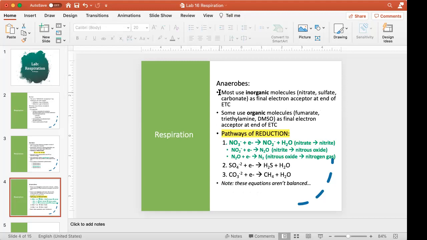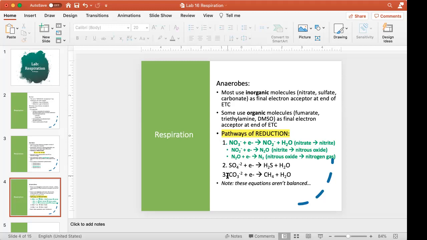So most of the microbial species, particularly bacteria, are going to use these molecules. These are inorganic molecules. In other words, they don't have any carbon in them. But these 3 are not the only ones. There are others. There are some organic ones. There's one called fumarate. There's one called DMSO. There's triethylamine. Don't worry about those. Just know that the top 3 are nitrate, sulfate, and carbonate.